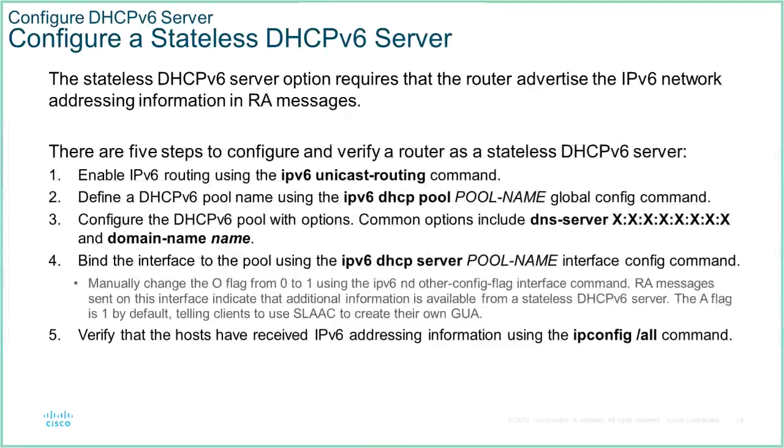Whereas in IPv4, we use the network command to identify the pool from the address. So when a discover broadcast was sent in, the network interface address would be used to determine which pool to use.